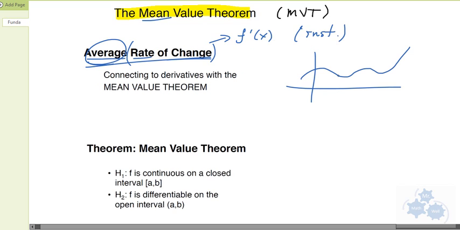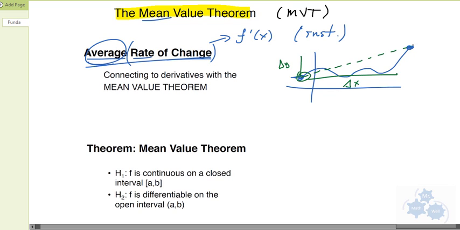So if we have a graph like this, and here's where it started. That's the initial value, and here's the final value. The average value for this function would be this, right? The total change in y divided by the total change in x. That's the slope, right?